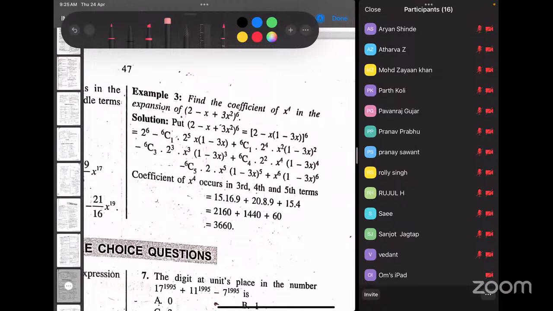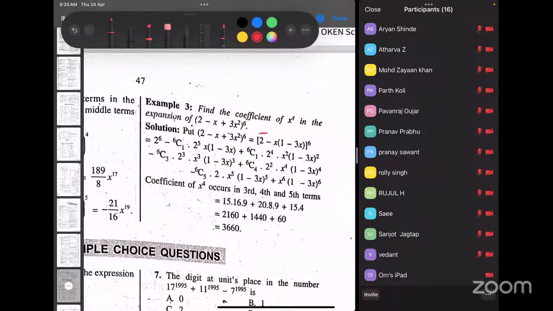We can write it as (2 minus x(1 minus 3x)). So we will take these two terms, this will be a and this complete will be b. This will be (a minus b) raised to power 6. So on expansion, this will be 6C0, 2 raised to power 6 minus 0, and x(1 minus 3x) raised to power 0.